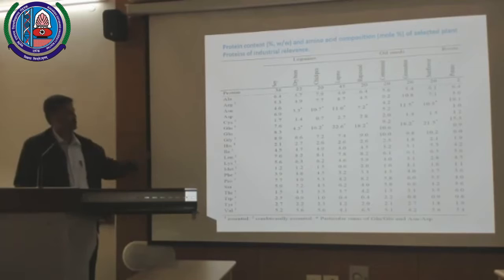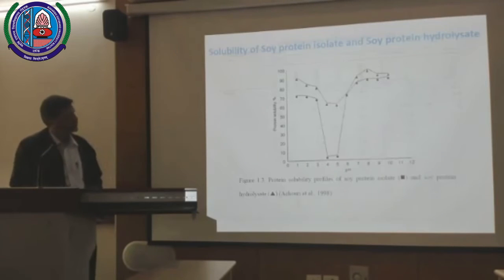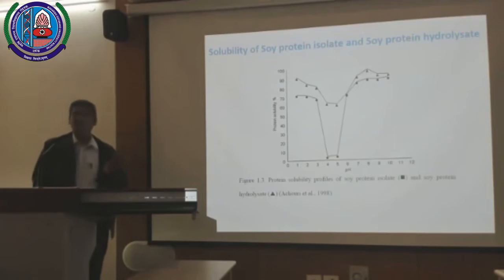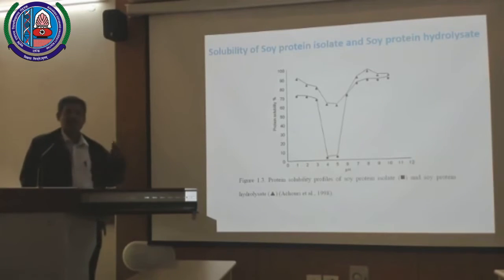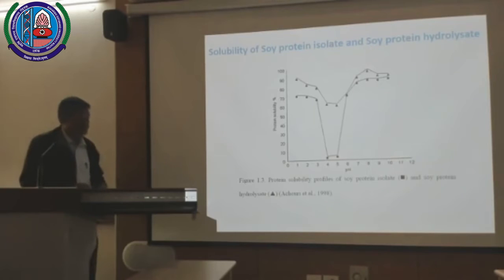So you can see this is the amino acid profile. I was talking about the bell shaped curve. I think I have given in the tutorial how to measure the solubility. This is a standard format you can get from any protocol from anywhere, but for our benefit, I put something.